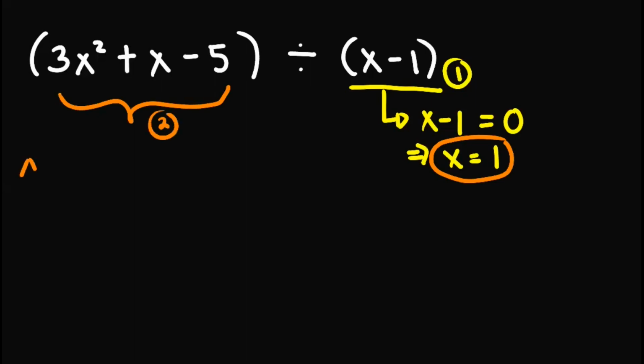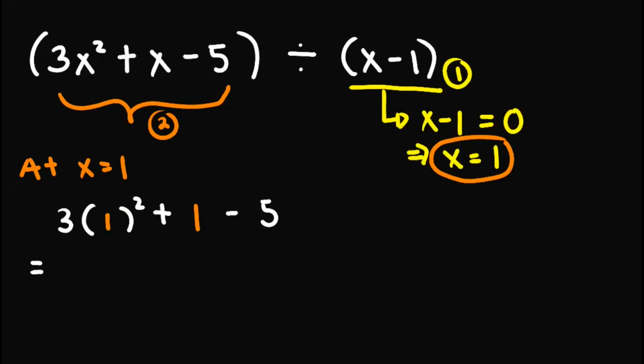So we'll have at x equals 1, 3 times 1 squared plus 1 minus 5.